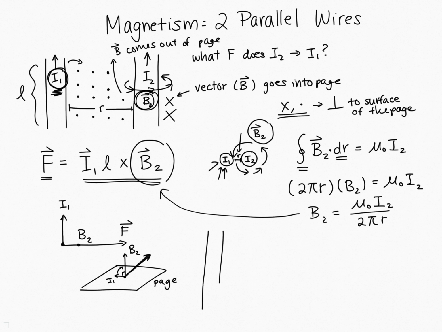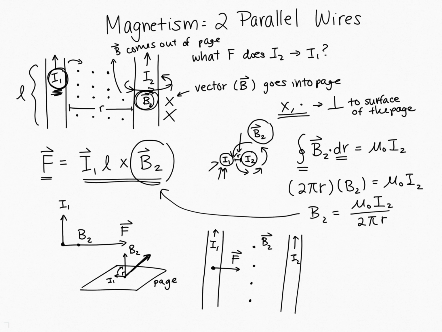Now, what does it mean if it's pointing to the right? We have our two wires like so, and this is B2 coming out of the page. Here are I2 and I1 both moving forward, and we've established that the force that our wire on the left experiences is going to point towards the right.